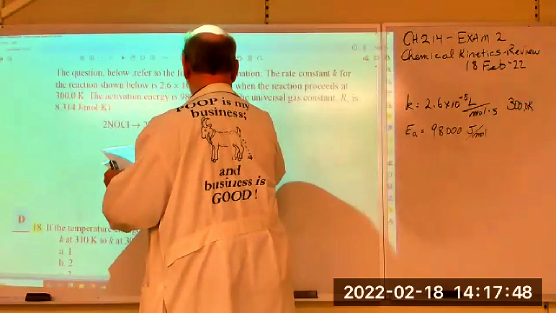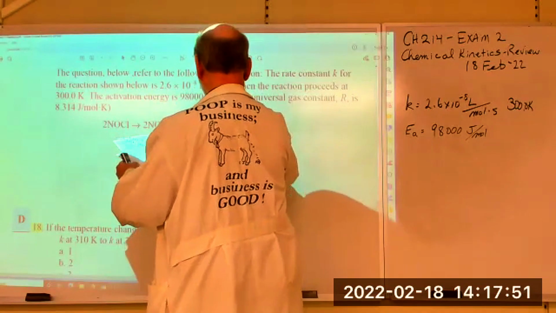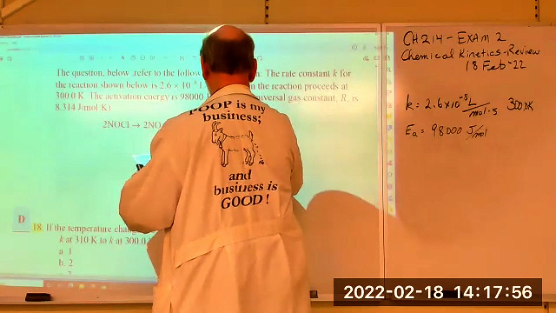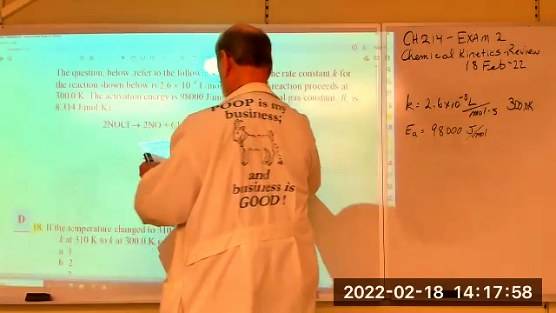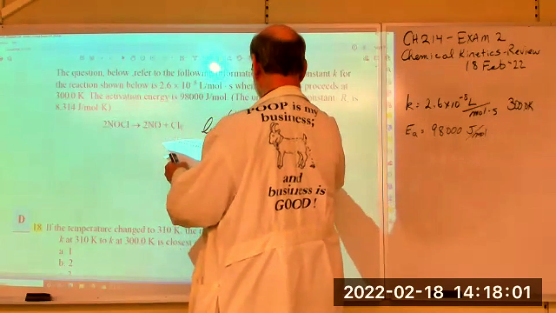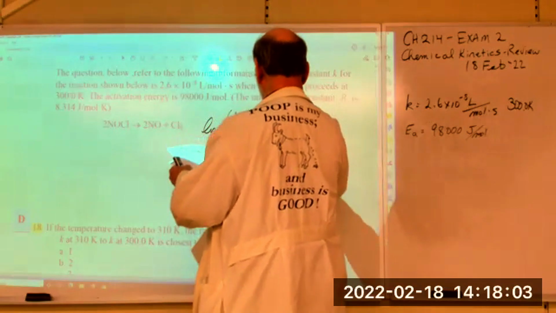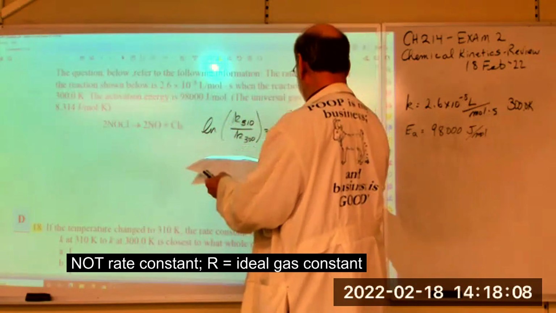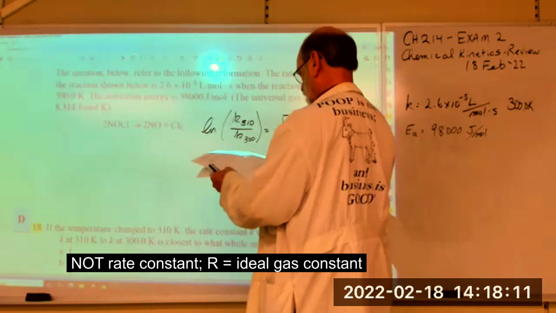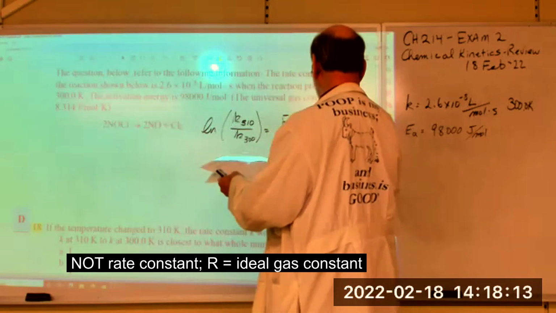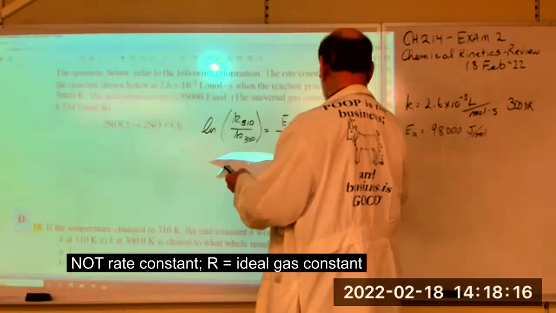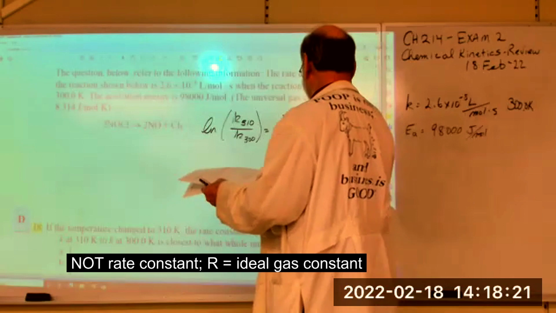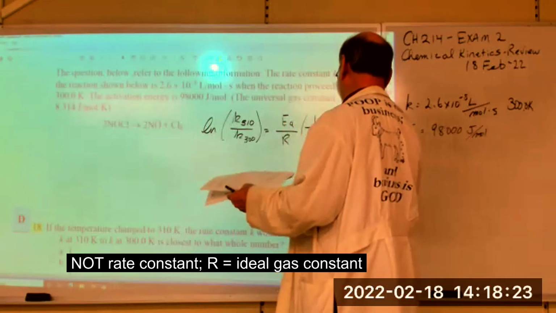The natural log of K at the high temperature, so that would be 310, over K at the lower temperature is equal to activation energy divided by the gas constant times 1 over T at 300 minus 1 over T at 310.